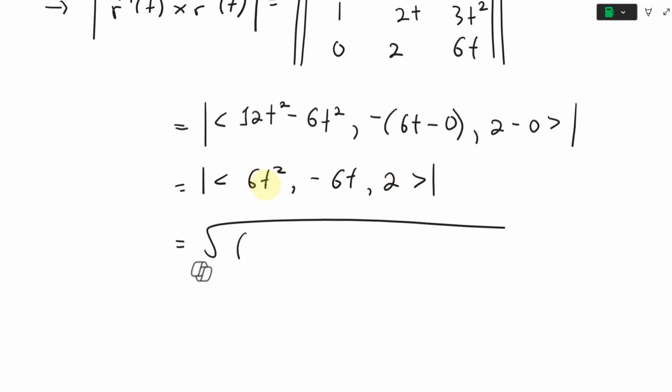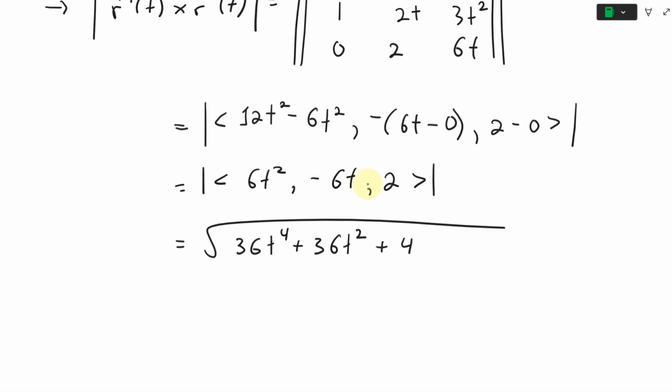So 6 squared is 36, and t squared squared is t to the 4. Now the negative squared is positive, so we get another 36 t squared. Plus 2 squared is 4.